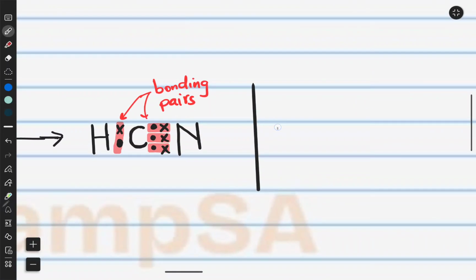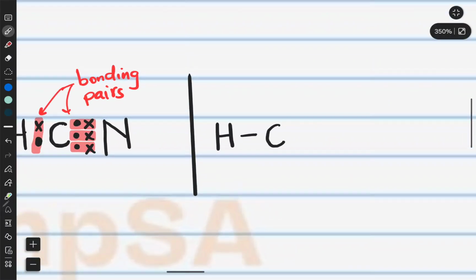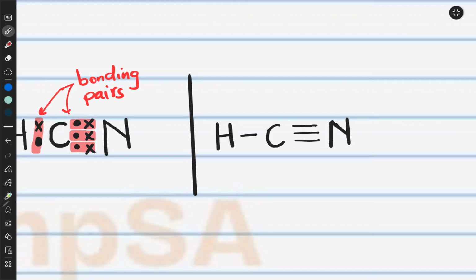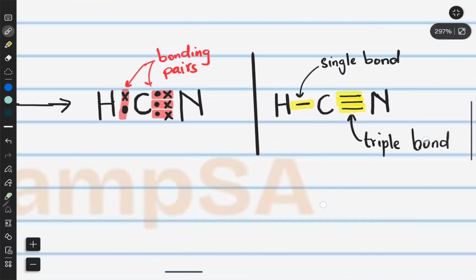So between H and C, there's only 1 bonding pair, which means we will get a single bond. But between carbon and nitrogen, there are 3 bonding pairs: 1, 2, and 3. So we'll get a triple bond there. Okay, so that's what will happen in this case.